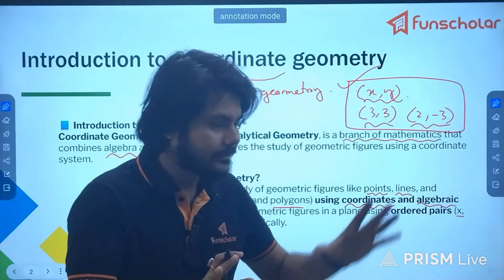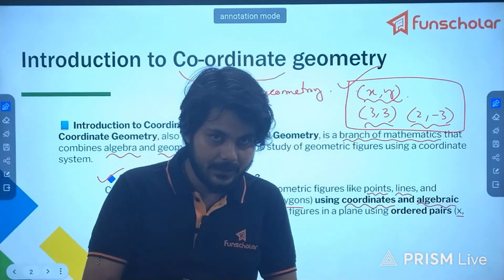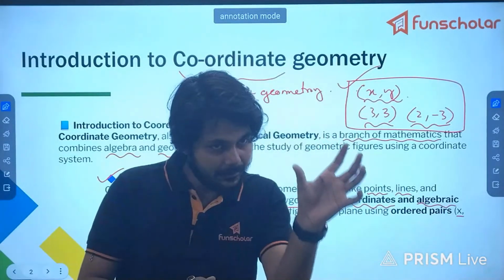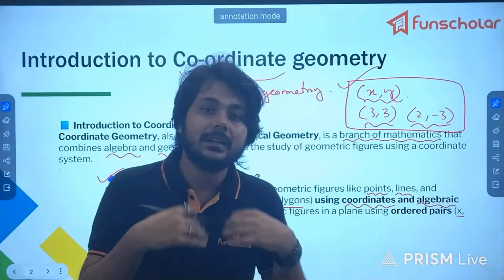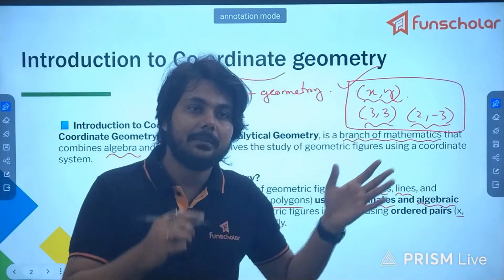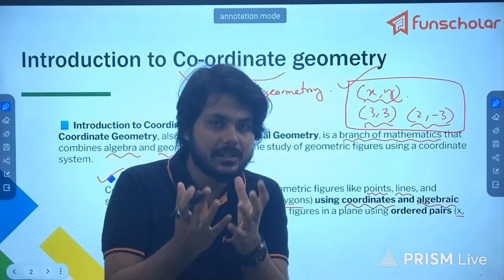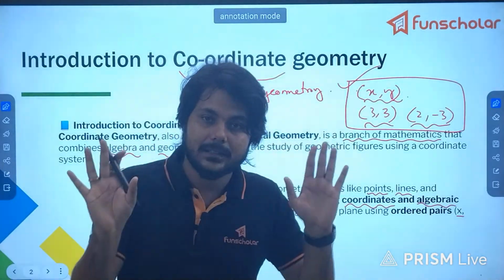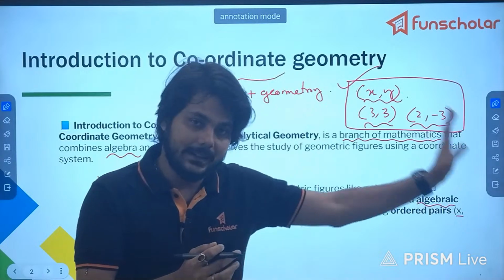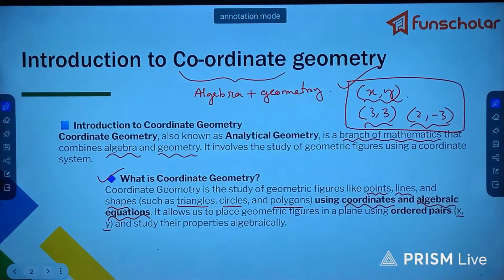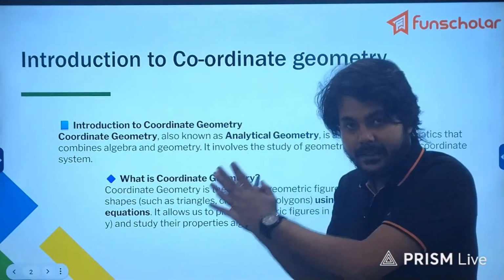In simple words, coordinate geometry, which is also called analytical geometry, is the combination of algebraic equations, or simply algebra, and the geometry that we use to define or plot a particular point, a particular line, a particular shape, a particular polygon on a flat surface. How we do that, we will look into in the upcoming slides. I hope this is clear, what coordinate geometry means.